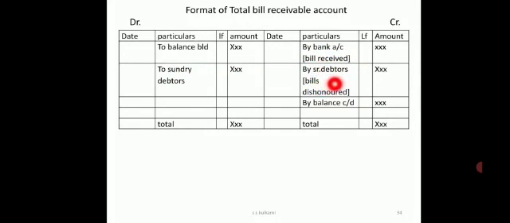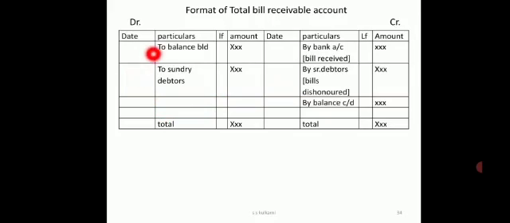Then any bills which are dishonored will be taken on the credit side and balance carried down will be taken on the credit side. Now whatever items are appearing on the credit side of bills receivable decrease our bills receivable account. Therefore it is going to be on the credit side.